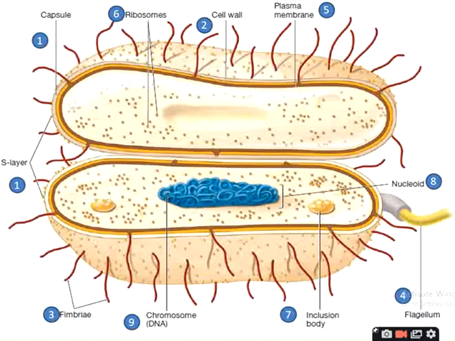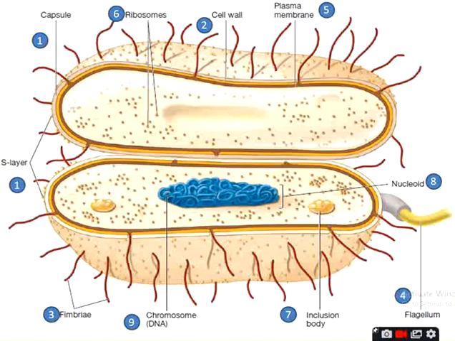Later on, inside the cell wall there is another membrane that is called the plasma membrane or cytoplasmic membrane. After that, inside the cytoplasm there are inclusion bodies and ribosomes. See, here are the ribosomes, and these dot-like structures are nothing but the ribosomes, okay.